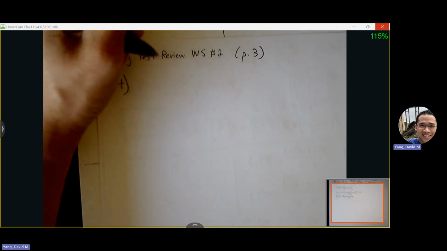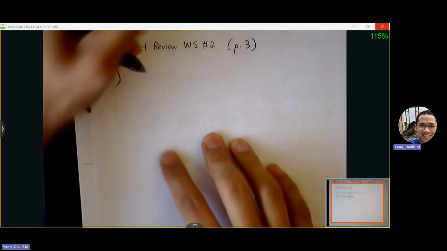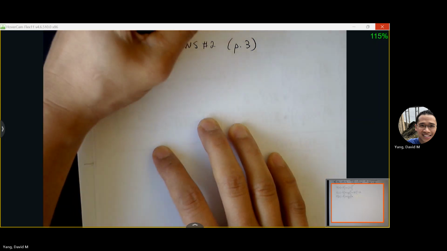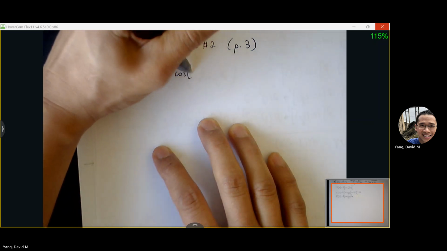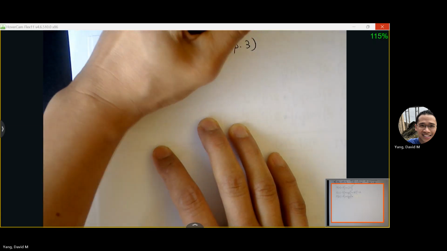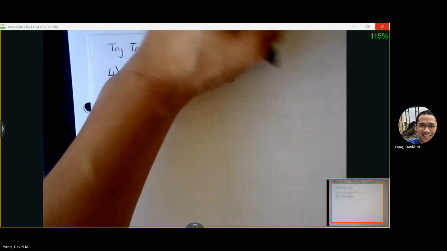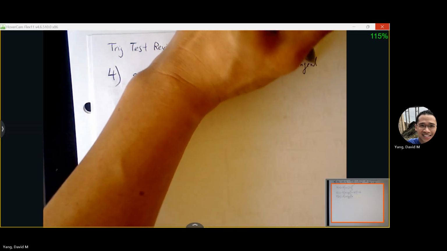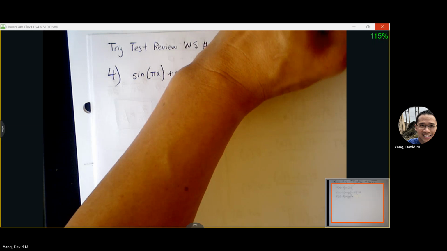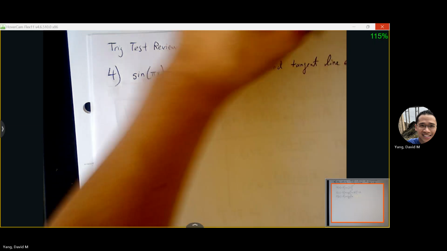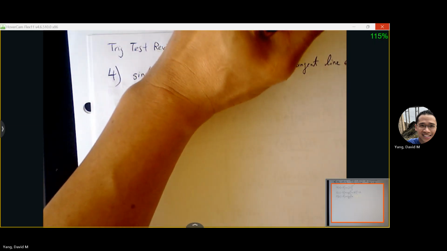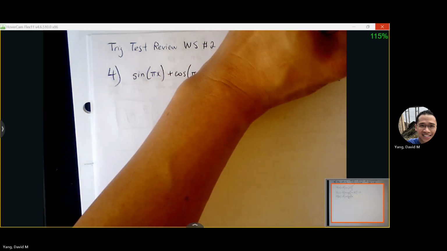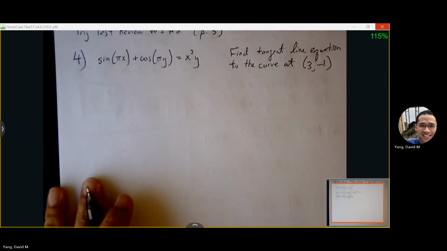So we just have to find the slope through the derivative and then point slope form. Right?